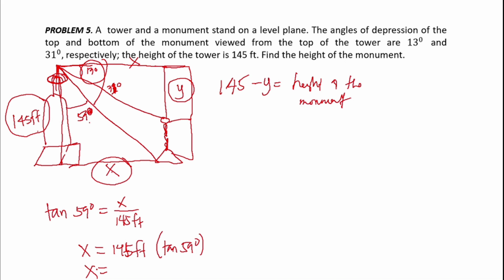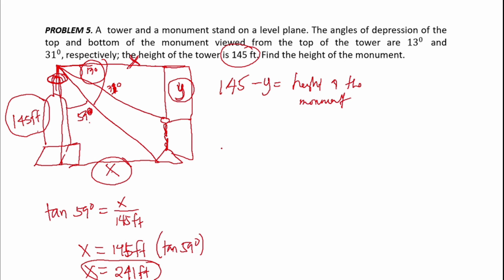Our x here is 241 feet, because this is in three significant figures. So 241 feet. So we'll make use of this one in order for us to solve for y.